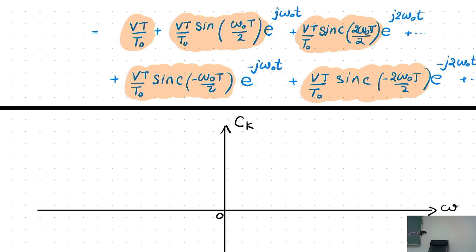See, this is omega naught, omega is 2 omega naught, minus omega naught, minus 2 omega 0. So we plot this value at omega equal to 0, which is Vt over T0. Yeah, this is C0.